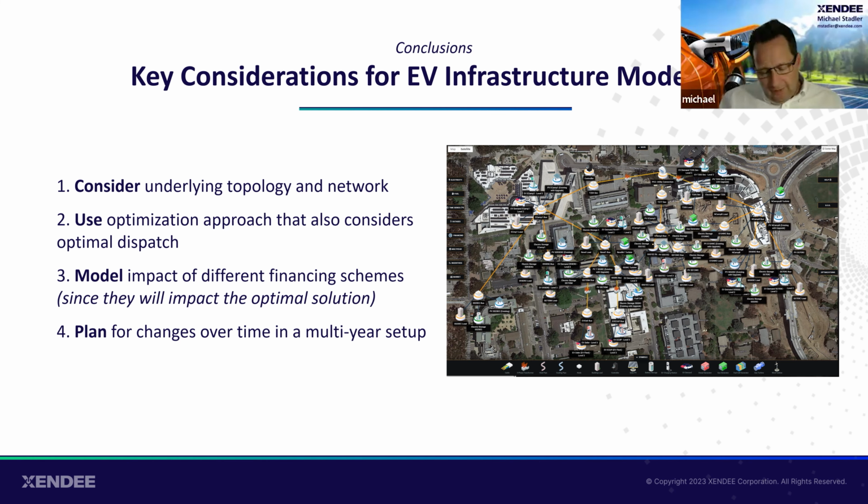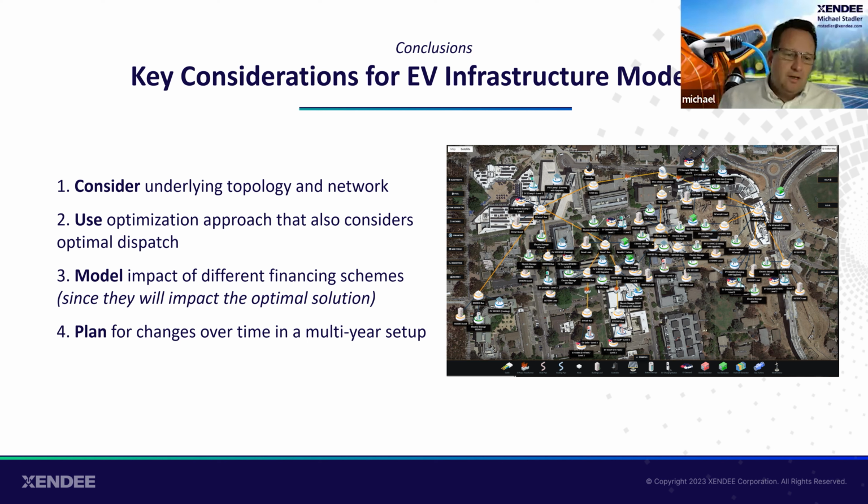So to summarize all this from our perspective, if we want to do a very careful analysis of an EV infrastructure project, we should consider 4 important points. First of all, consider the underlying network topology and consider losses. The other thing is to use an optimization approach like in Xendee that not only tells you the investment capacity, but also how you can plan to run those technologies. You have seen this with the dispatch curves between the nodes and for every day.